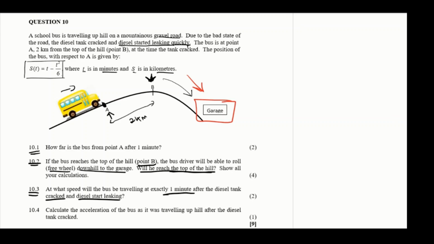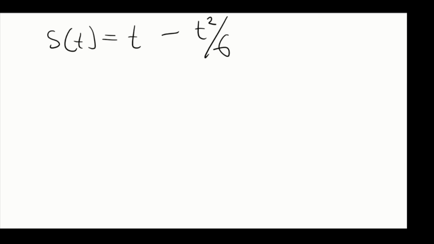We know the equation that determines the position of the bus at A, and we want to identify the speed at which the bus is going to travel.